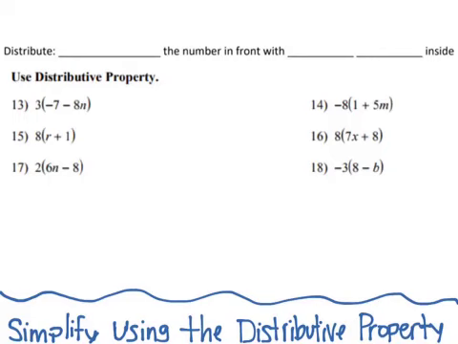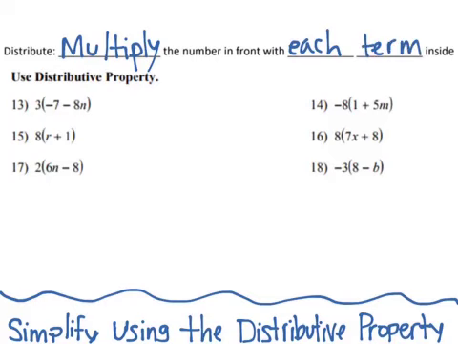And to distribute means to multiply the number in front with each term inside. So we're taking whatever number is out front of the parentheses. Sometimes in algebra we use letters to signify numbers, and we're multiplying it by each term that's inside.